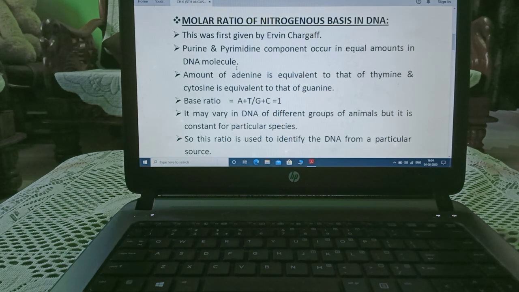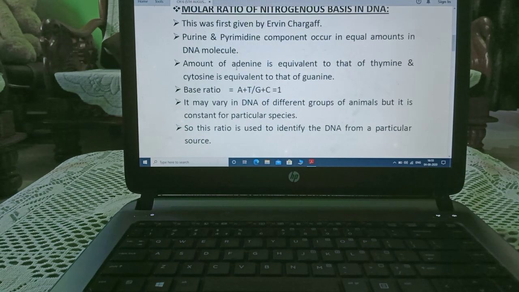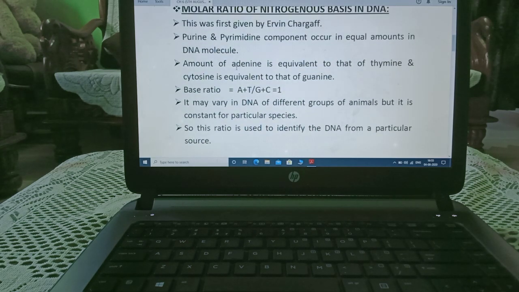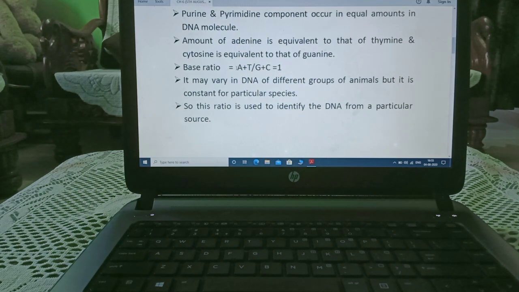Now, the molar ratio of nitrogenous bases in DNA. This was first given by Erwin Chargaff. Purine and pyrimidine components occur in equal amounts in the DNA molecule. The amount of adenine is equivalent to that of thymine, and cytosine is equivalent to that of guanine.